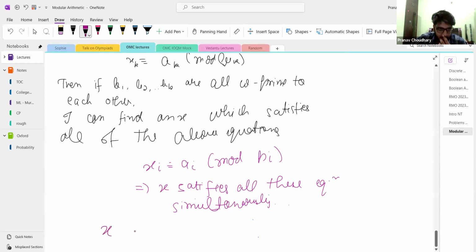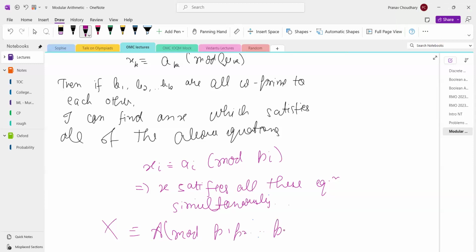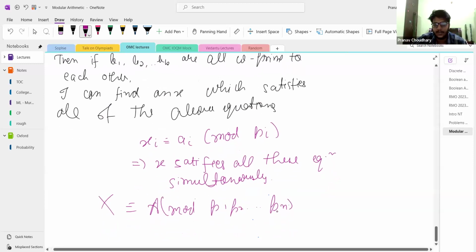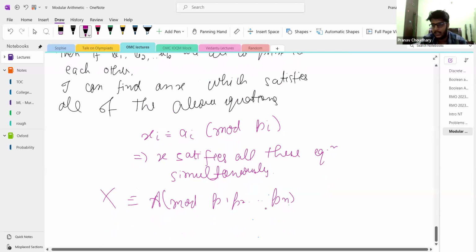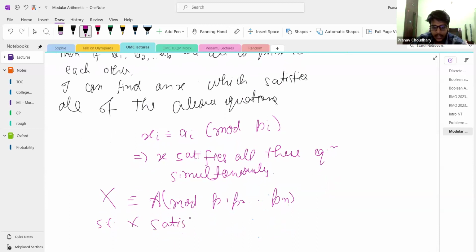Basically, I can find x congruent to capital A mod p1, p2, so on till pn. This is another phrasing of CRT, by the way. I'm not writing something new. This is part of the theorem, such that x satisfies all of the equations.